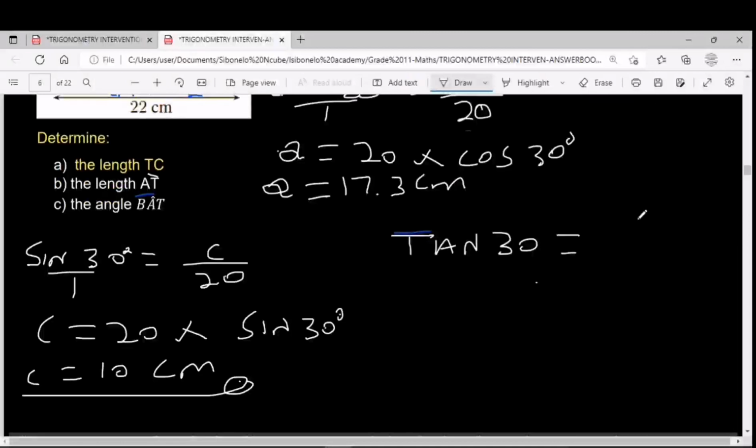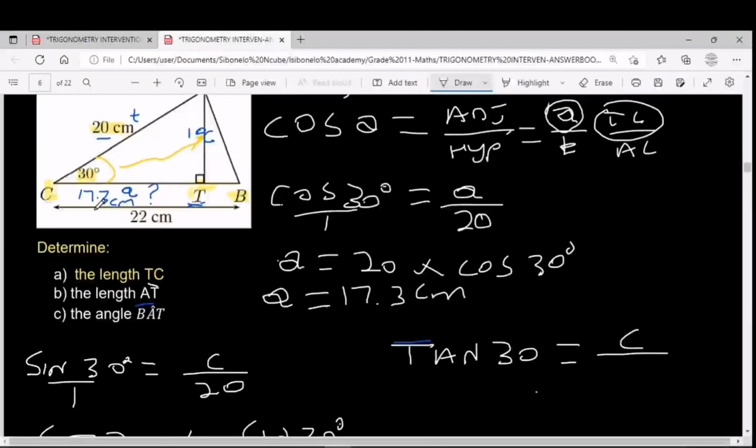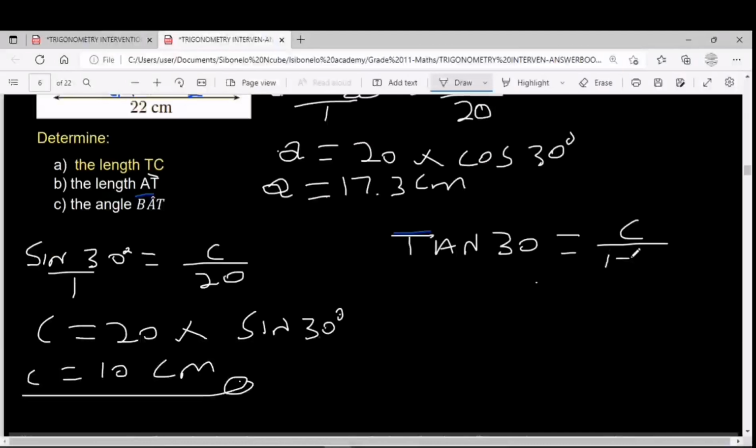So we don't know the opposite OC, over the adjacent. The adjacent we already found, remember, 17.3, the distance of C and T. So 17.3. So this is 30 degrees. So there is a 1 in the denominator, 1 times C. C equals 17.3 times tan 30 degrees. What does it come out?